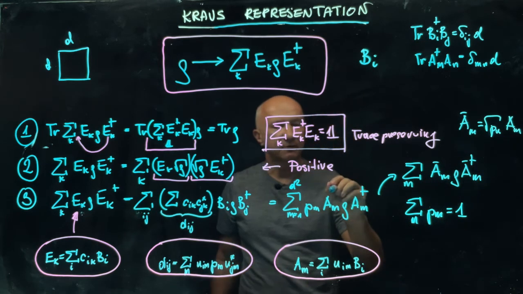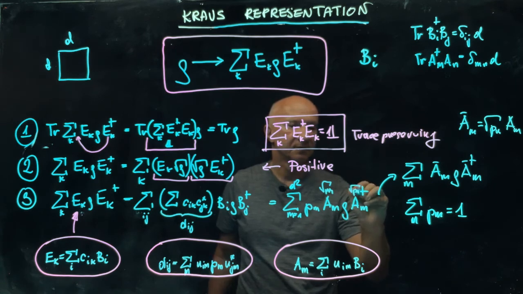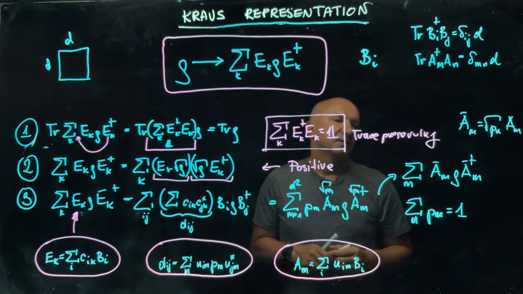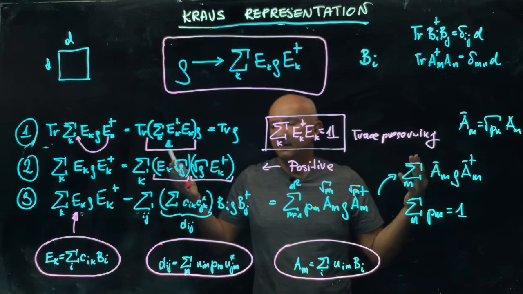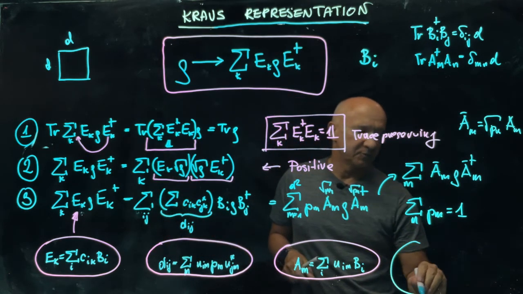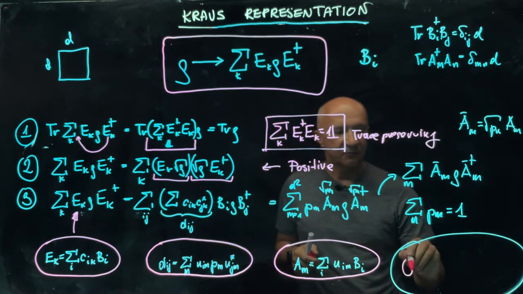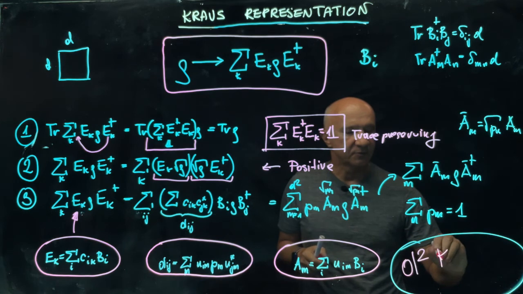So you can put a square root of p_m here and incorporate this into the definition of A. So the bottom line here, so to speak, is that we need at most d squared Kraus operators.